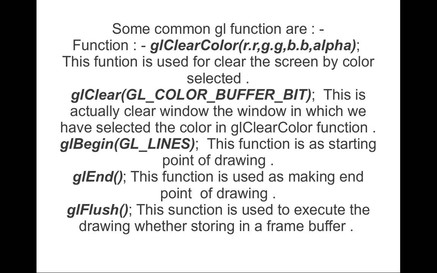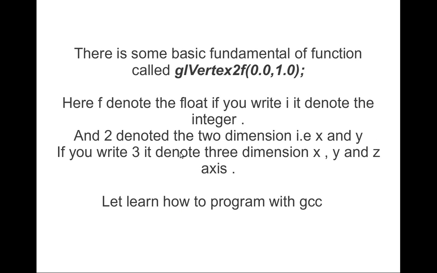I have shown before glBegin. The glBegin function is used with GL_LINES. It will draw lines by what declaration? I have shown you here glVertex2f. Friends, you should know glVertex2f: small gl, capital V in Vertex, 2, and small f.